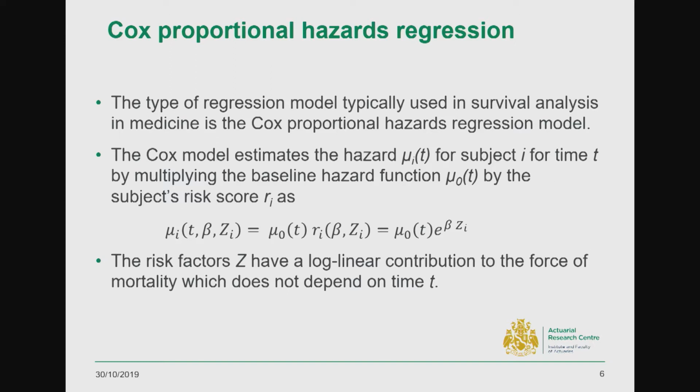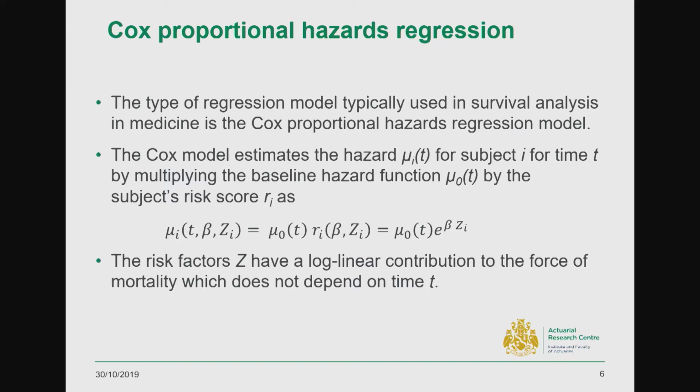This is equal to the multiplication of the baseline hazard function, mu0(t), and a risk score defined by Ri. The risk score itself is a function of coefficients beta and covariate z. The covariate z has a log linear contribution to the hazard function.